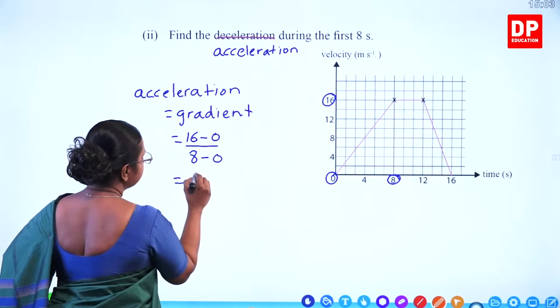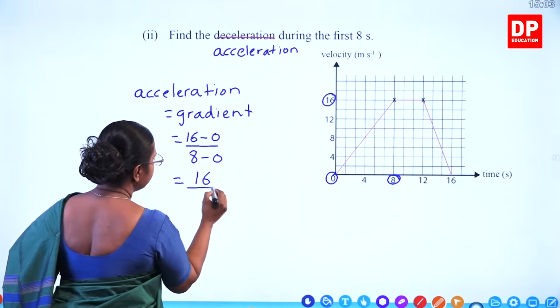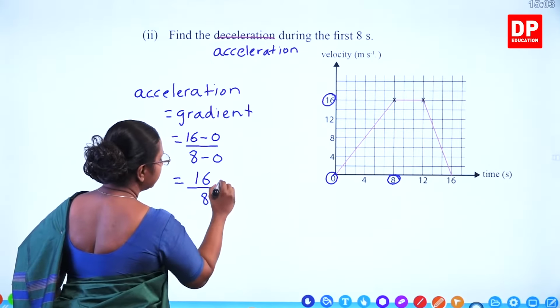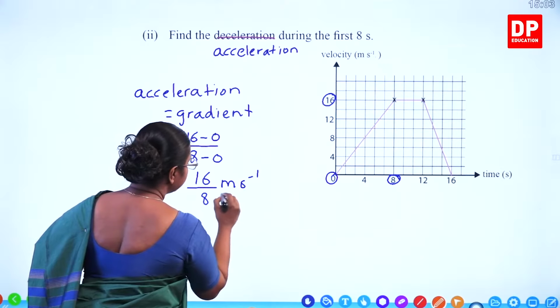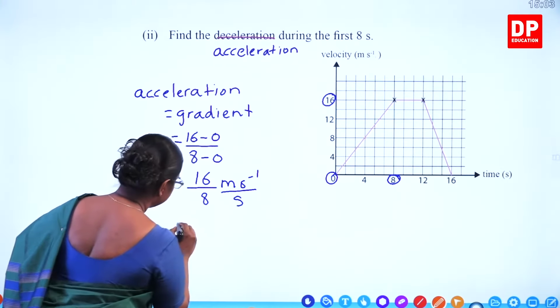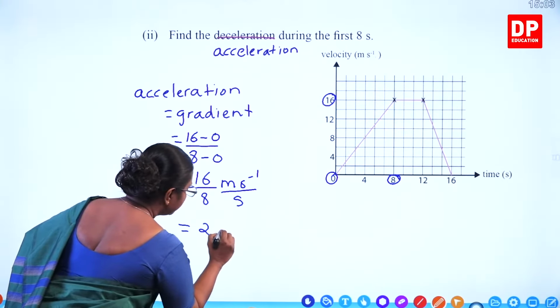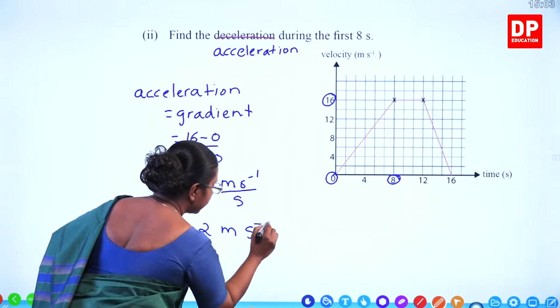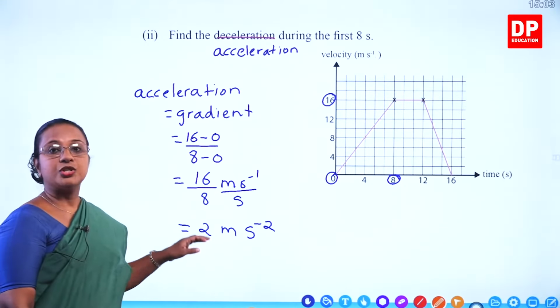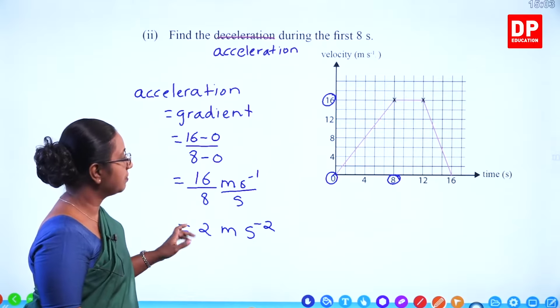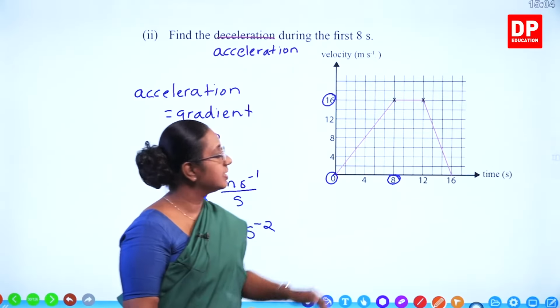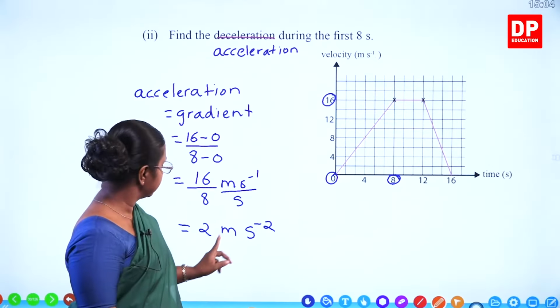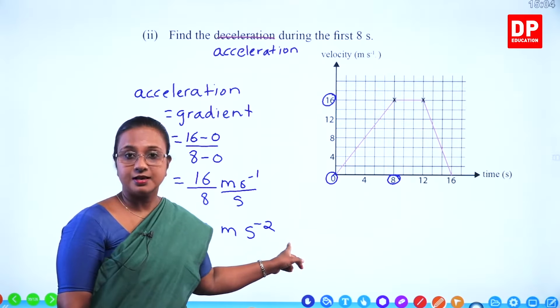So that is 16 minus 0, 16, 8 minus 0, 8 meters per second divided by second, that will be 2 meters per second squared. So the acceleration of the object during the first 8 seconds is 2 meters per second squared.